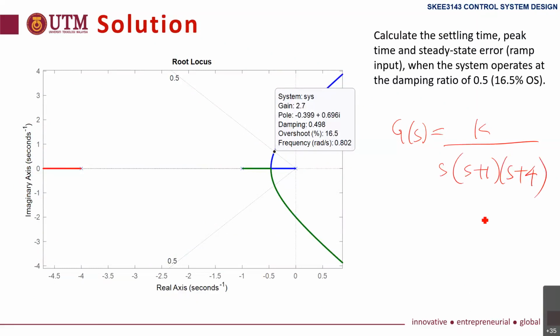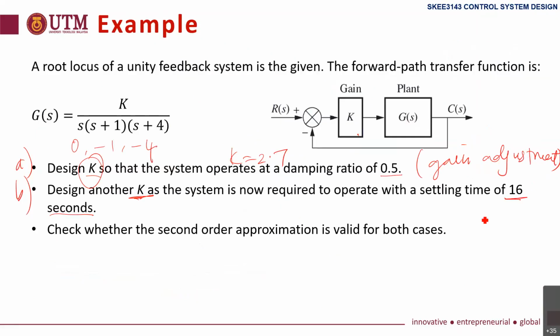This system is a third order system. Now, as mentioned at C here, check whether the second order approximation is valid for both cases. For both cases, we want to check whether they are valid or not. So we need to find the third pole.